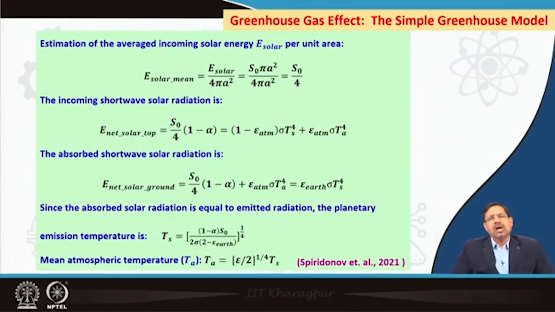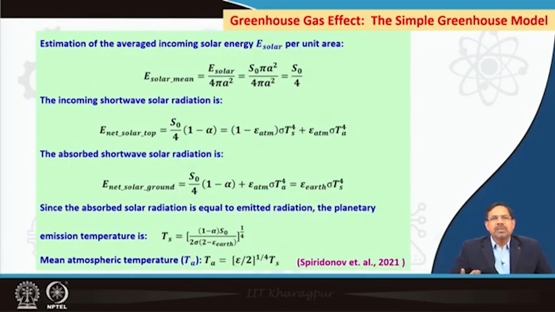The estimation of the averaged incoming solar radiation per unit area is expressed as E solar upon 4 pi a squared, so finally S0 upon 4. This is the incoming shortwave solar radiation. Since the absorbed solar radiation is equal to the emitted radiation, the planetary emission temperature is expressed using the last but one formula.